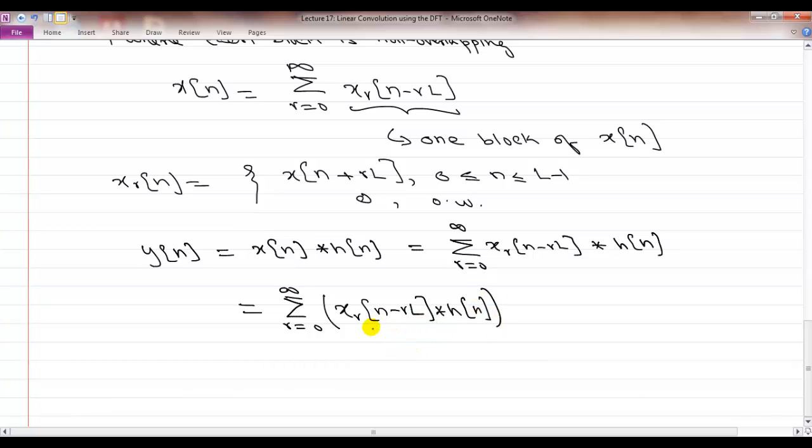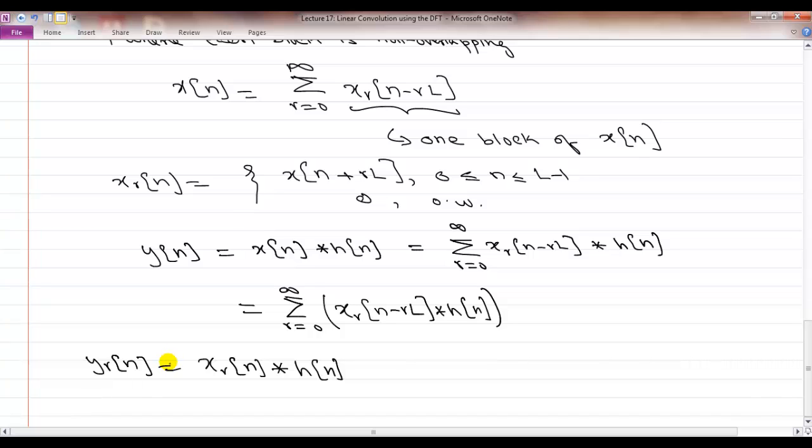Now what is this thing? This is basically the convolution of a time-shifted version of x_r with h[n]. Now by the LTI property, if I define y_r[n] as x_r[n] convolved with h[n], then if I just shift my input by rL, what happens to my output?